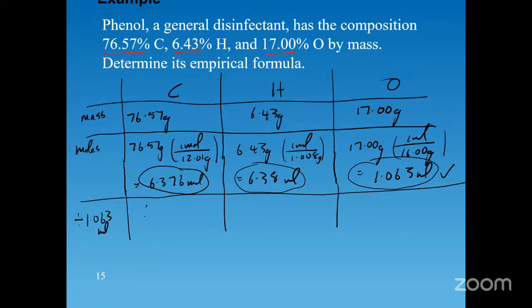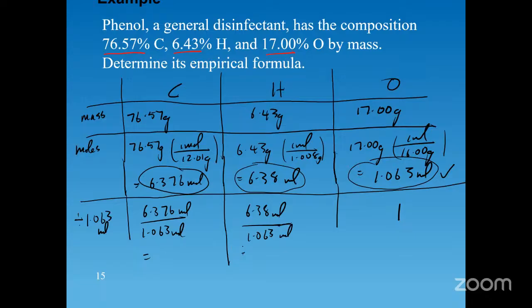So here I'm going to put 6.376 moles divided by 1.063 moles. I'm going to do the same thing here, 6.38 moles divided by 1.063 moles. And this divided by itself will give you 1. So I'm just going to put 1 right there. So let's work out these two.